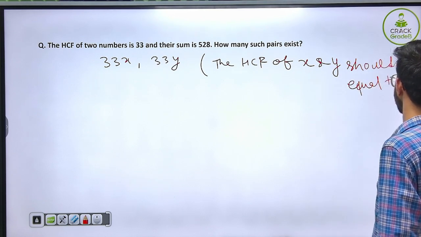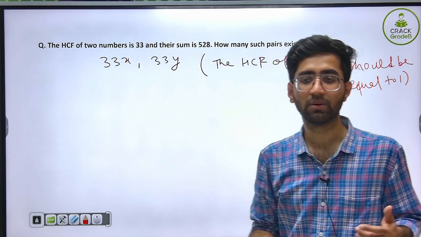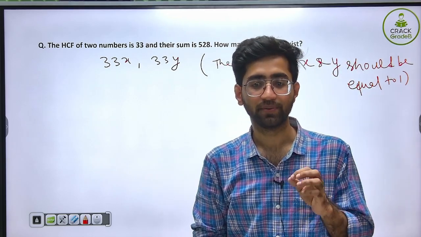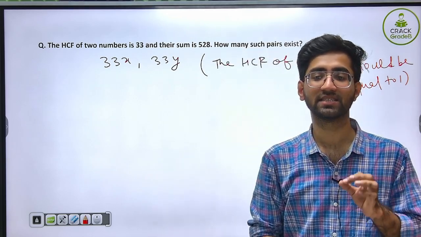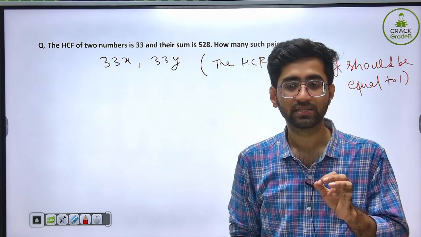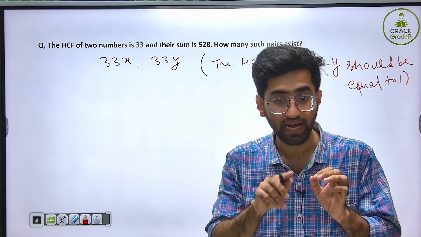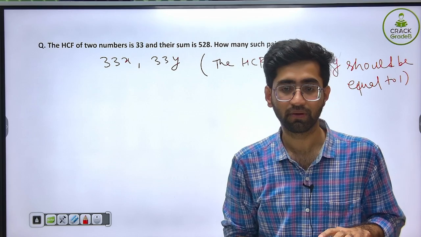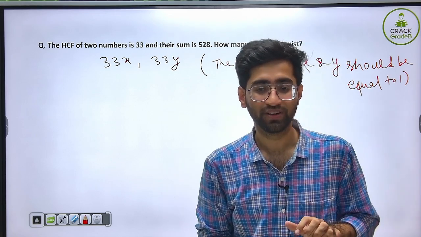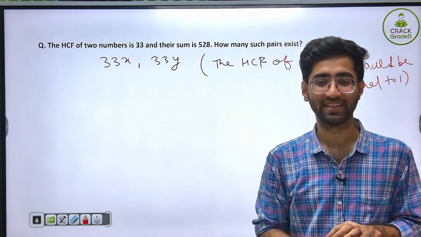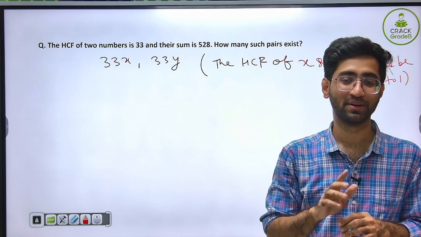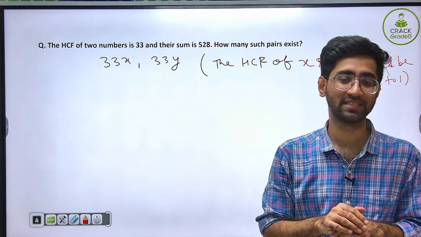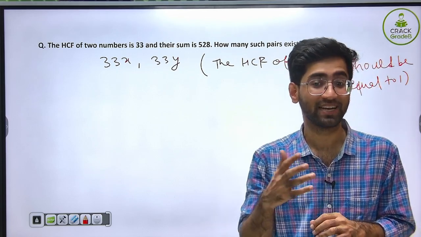Suppose if I say that the HCF of two numbers is 18, and you assume the numbers are 18x and 18y, means the HCF of x and y is 1. If the HCF of x and y is 2, then 18 can't be the HCF, then 36 will be the HCF. But the question says that 18 is the HCF.